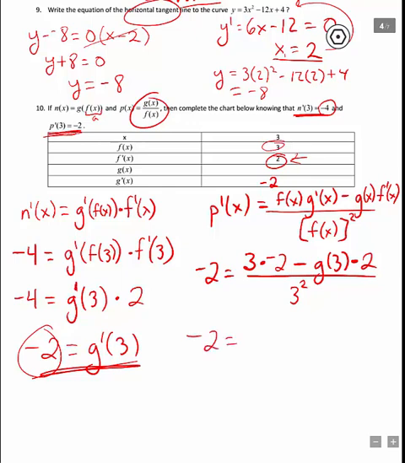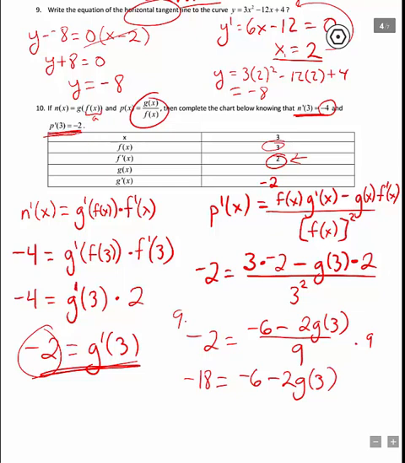That gives me negative 2 equals negative 6 minus 2g of 3, divided by 9. Multiply both sides by 9. We get negative 18 equals negative 6 minus 2g of 3. Add 6 to both sides, negative 12 equals negative 2 g of 3. Divide by negative 2 and we get 6 equals g of 3.